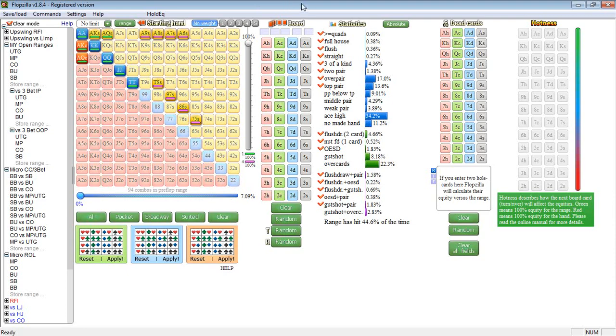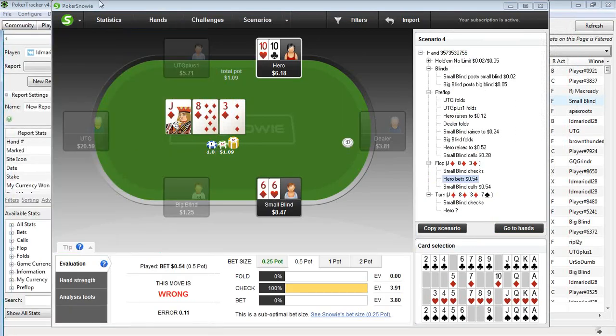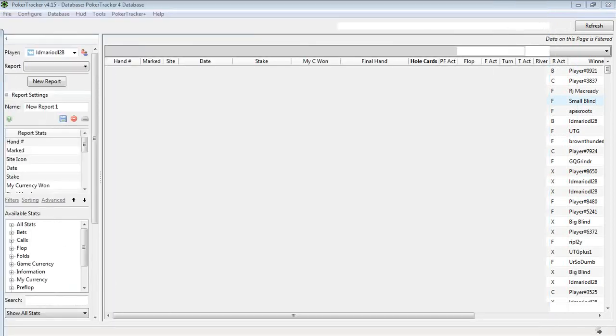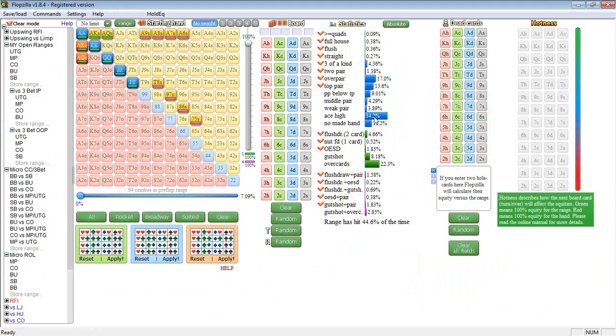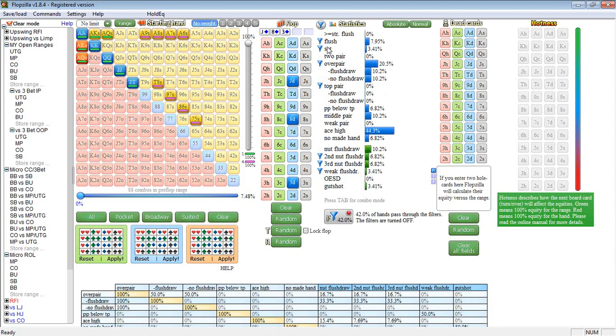The board. Let me move this over here for a second. The board is Jack of Diamonds, 8 of Diamonds, and 3 of Diamonds. And I want to c-bet 70% of my range.